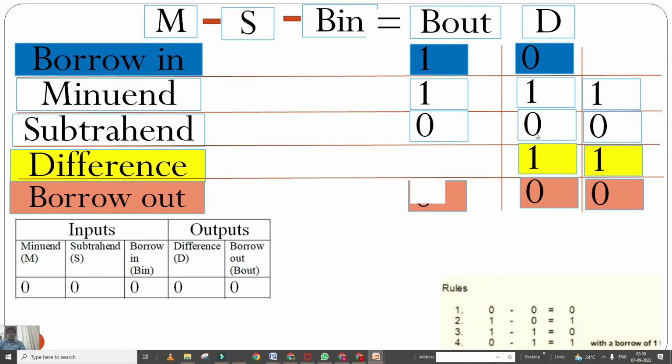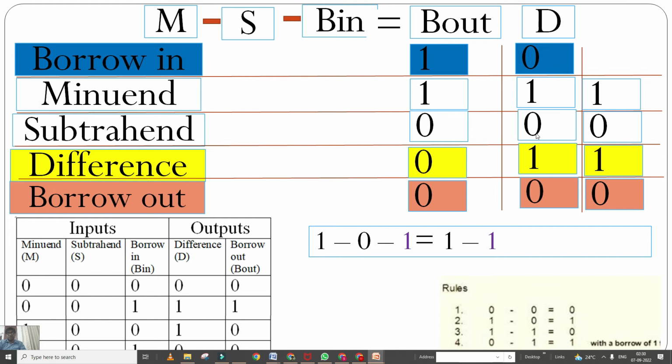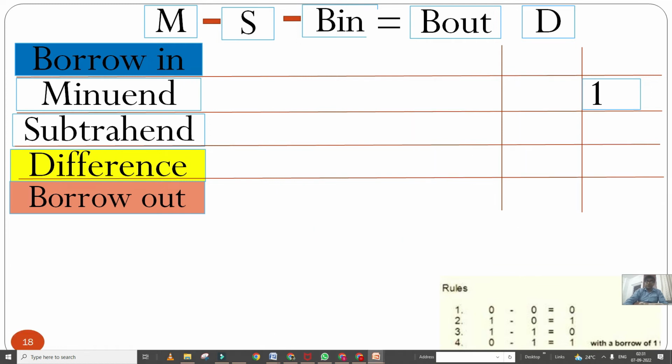So we express it with addition of another table, 1 0 1 0. Minuend is 1 and subtrahend also 1. So 1 minus 1, the difference will be 0 and the borrow out is 0.